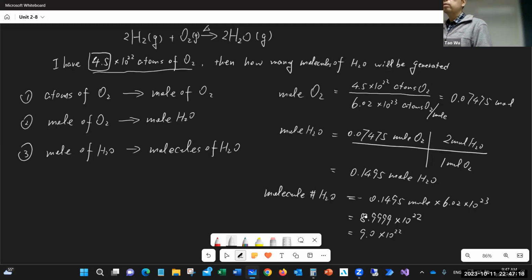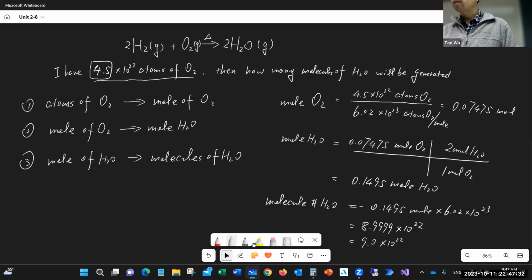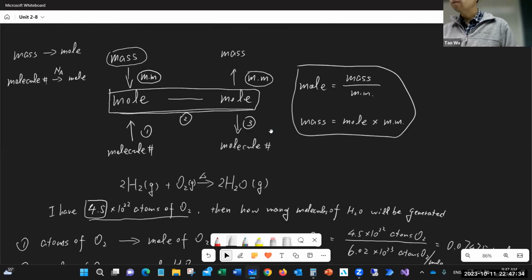Okay, that makes sense, right? So the backbone of stoichiometry is just the mole to mole ratio. It really doesn't matter how you figure out the moles. As long as you know that part, the other steps just help you get the moles or convert the moles to other stuff. Or even for this question, you don't have to figure out the molecule numbers. You can figure out the grams of water, right? It's the same thing.